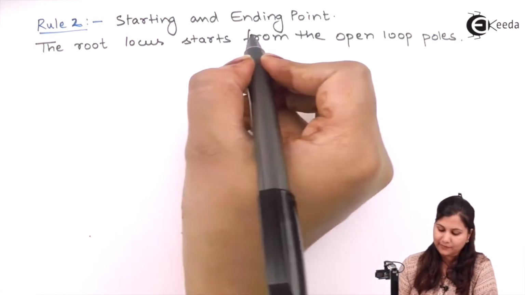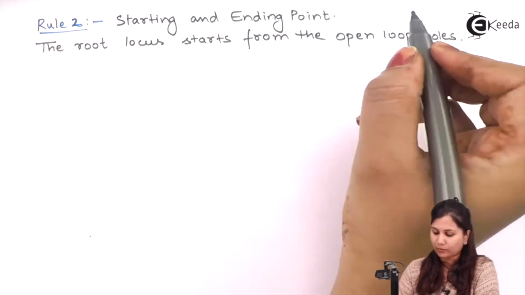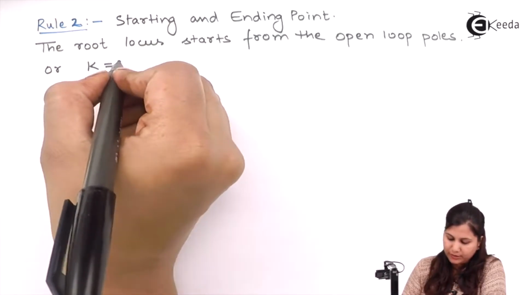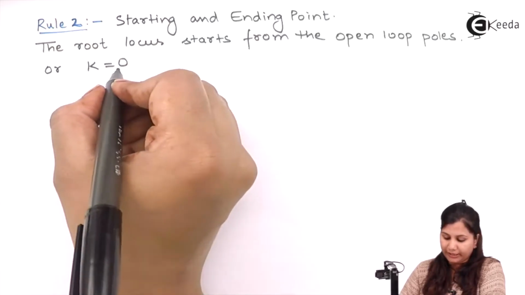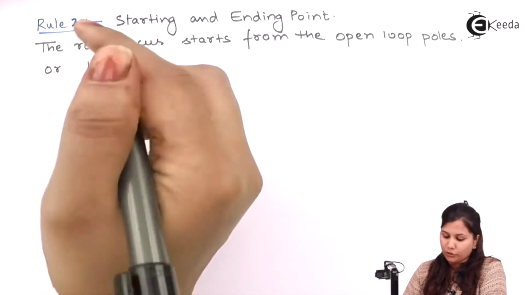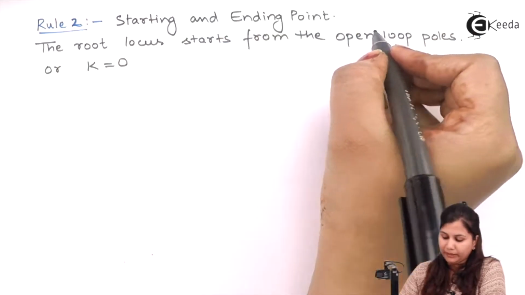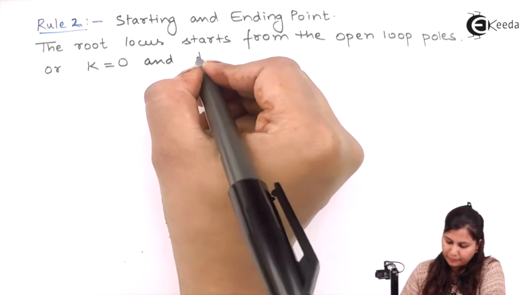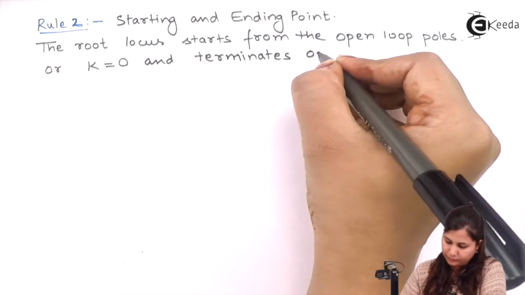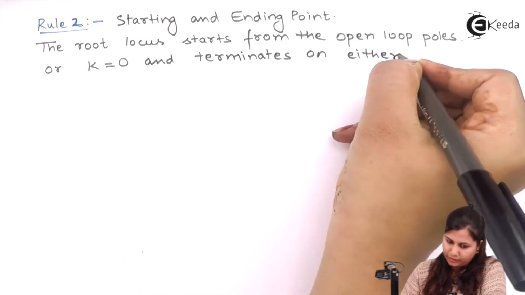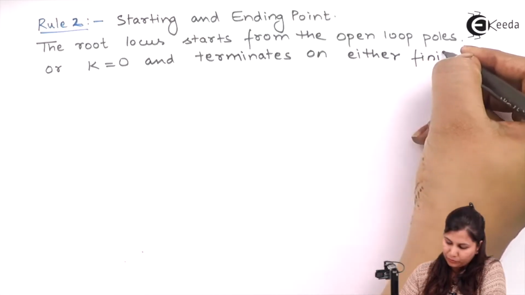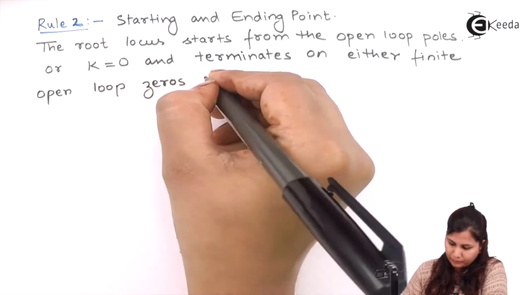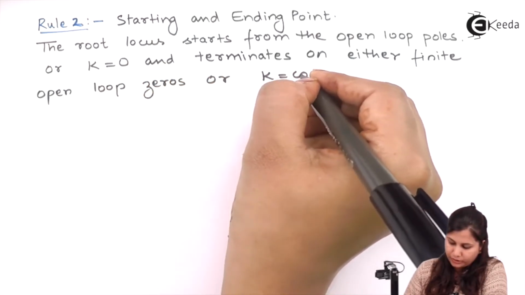The root locus, as we have said, starts from the open loop poles, that is, when k equals 0. Here k is the gain of the system. So whenever the gain is 0, the root locus starts from that point and it terminates either on finite open loop zeros or at k equals infinity.